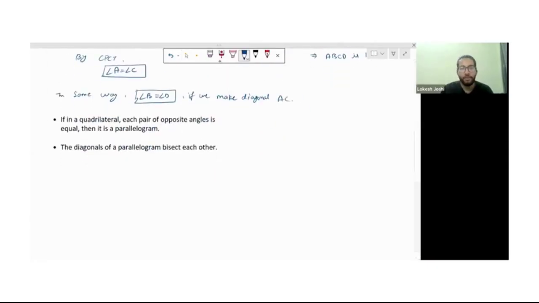Now the next one. It's written there that in a quadrilateral, if each pair of opposite angles is equal, then it is a parallelogram.